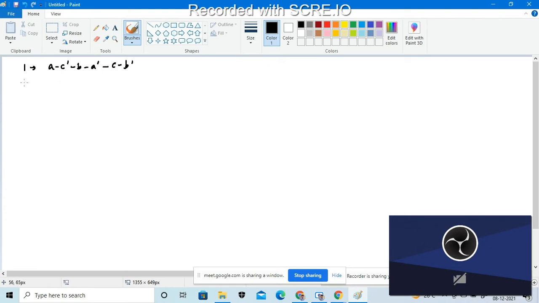So what will the pattern be? It will be A C dash, B A dash, C B dash, then again A C dash, B A dash, and C B dash. Okay, so for that case we will now discuss what the diagram is.